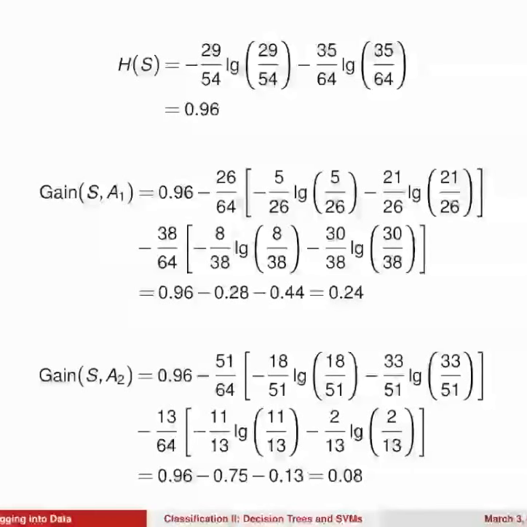Why did this happen? This is because even though you have one very low entropy branch in attribute 2, the one with 13 examples, that was overpowered by the much more common case of 51 examples going to a relatively high entropy split.